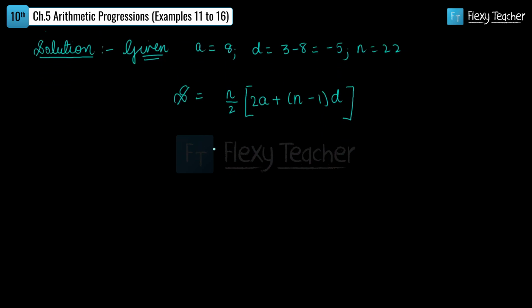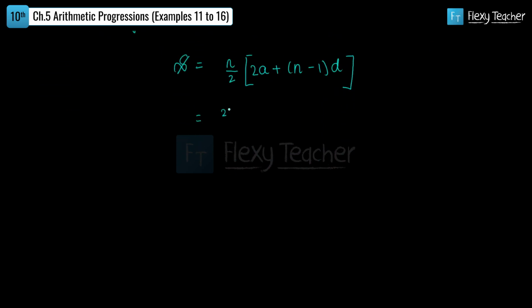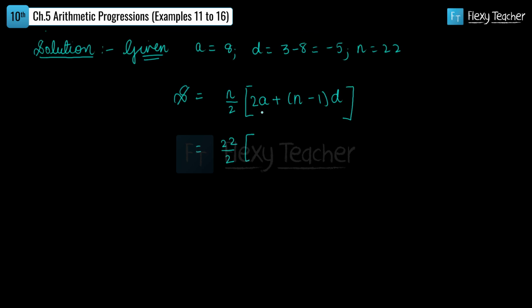That is 22 upon 2 into 2a. a क्या है? a is 8, so 2a is 16 plus n minus 1, so that is 22 minus 1 into d, that is minus 5 bracket close, big bracket closed.